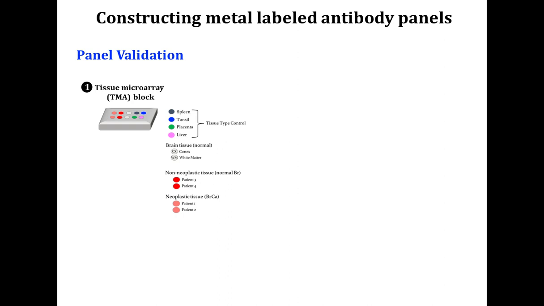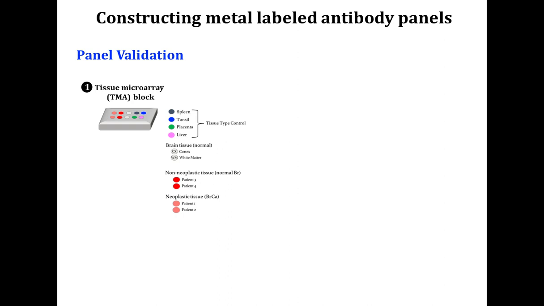I would also, whenever possible, include healthy brain tissue as it represents an optimal negative control for many lymphoid markers. Another aspect to take into account when selecting appropriate tissue types to validate a desired MIBI panel is that often during chronic inflammation like cancer, receptors can be upregulated or downregulated.